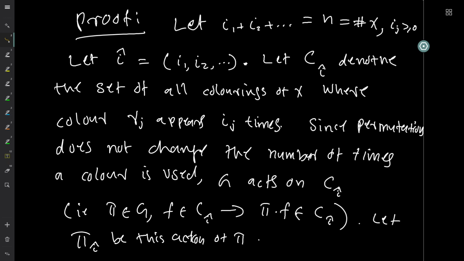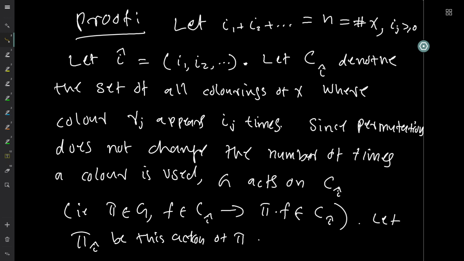Now let us say that C I cap denotes the set of all colorings where the number of times the color Rj appears is exactly Ij. So as I mentioned before, the permutations can only take colorings in C I cap to colorings in C I cap, because the number of times a color occurs cannot be changed by the permutations.